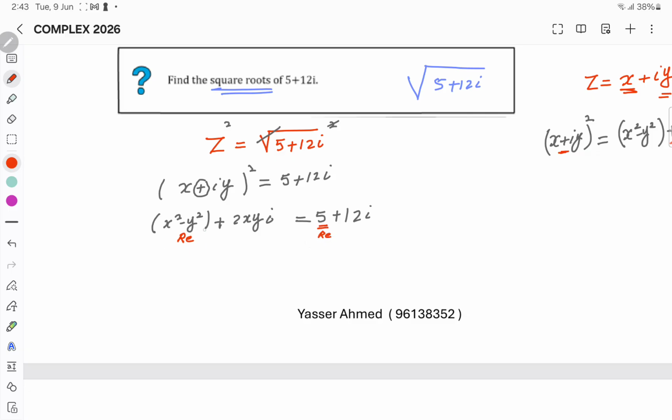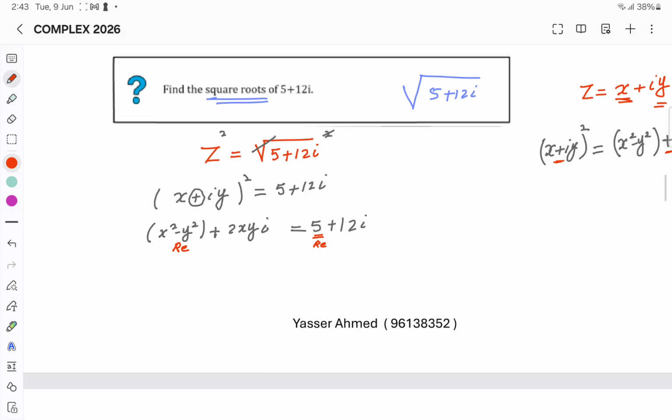On the left-hand side, x squared minus y squared represents the real part, and on the right-hand side 5 represents the real part. So x squared minus y squared equals 5, and that is the first equation.